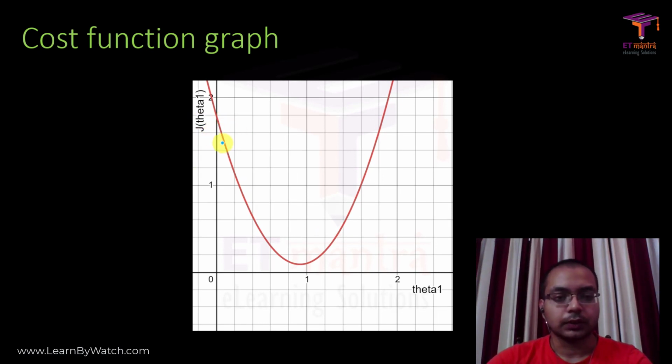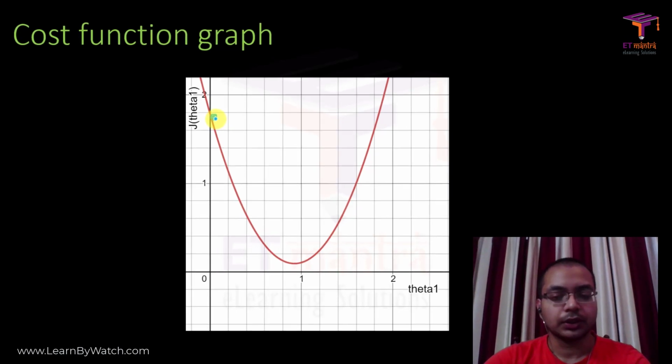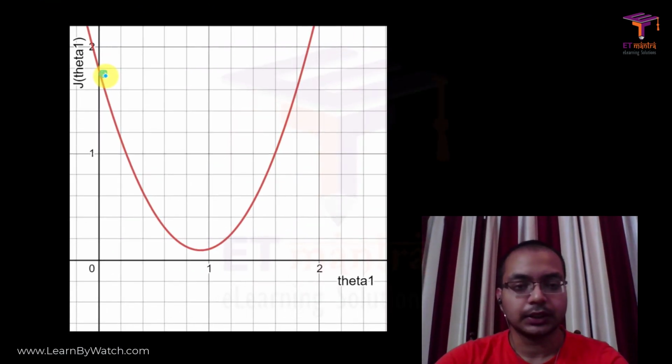This is our cost function, and when we perform gradient descent, we are here, and on the first step of gradient descent, when we update theta, we move to maybe somewhere here, and then once again on updating theta we move somewhere here, then we move somewhere here, and after some point we may reach the optimum value of J theta.